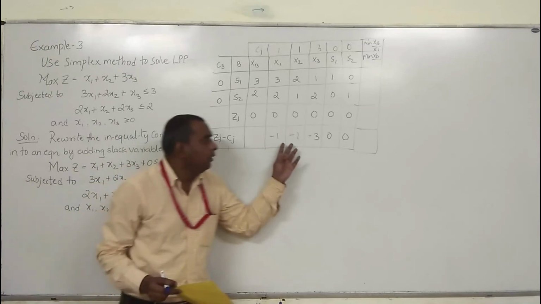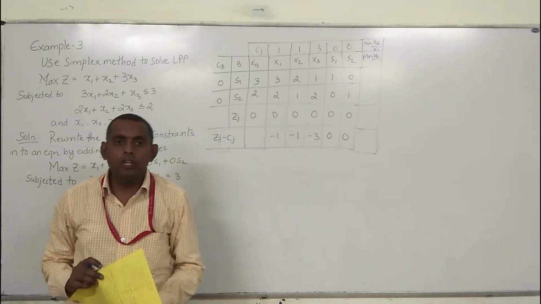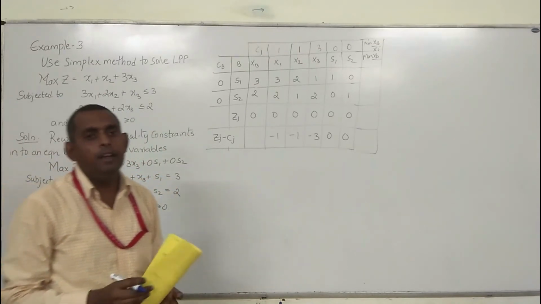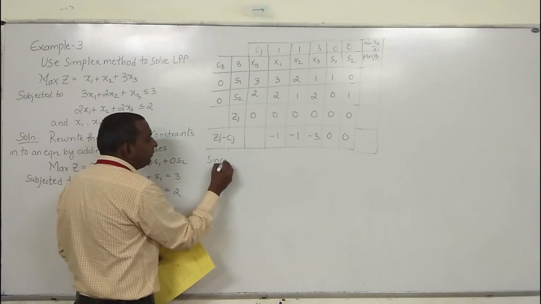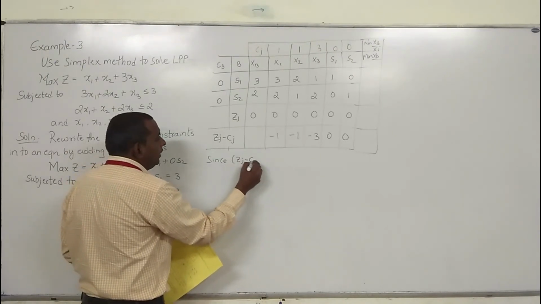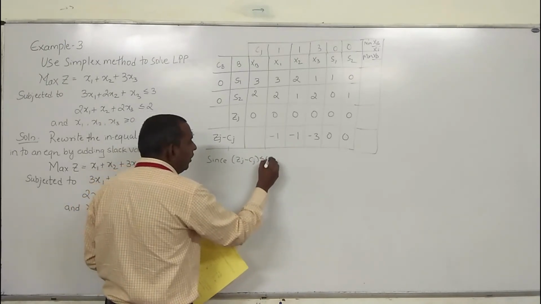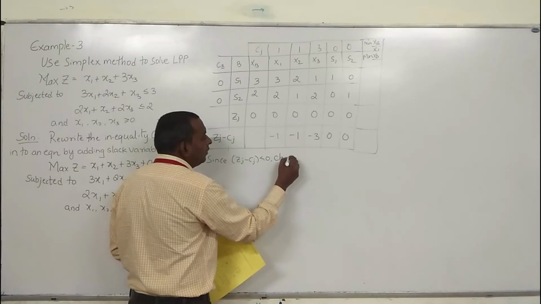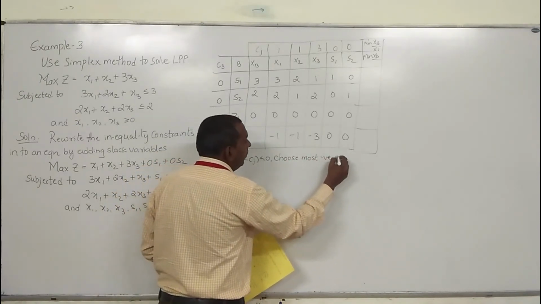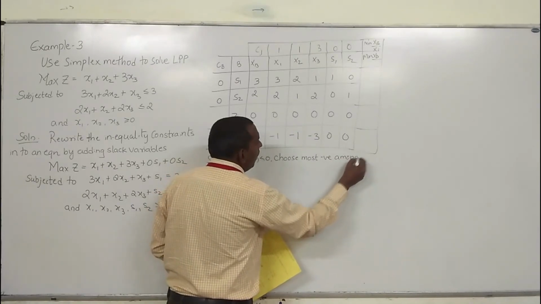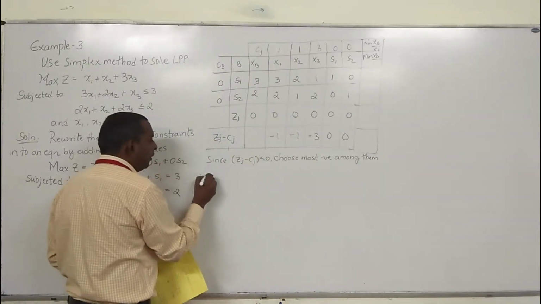So we have to select the most negative among the Zj minus Cj such that it becomes the entering variable. Fine. So let me write here, since Zj minus Cj is less than 0, choose the most negative among them.